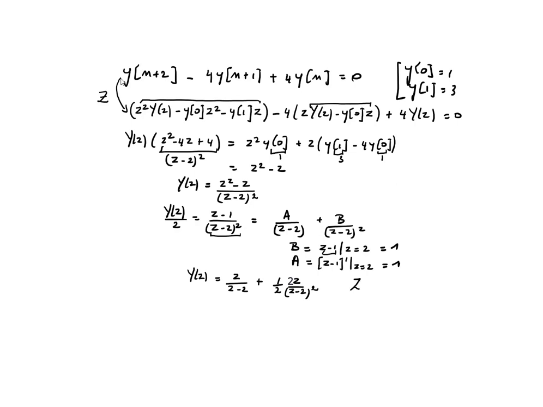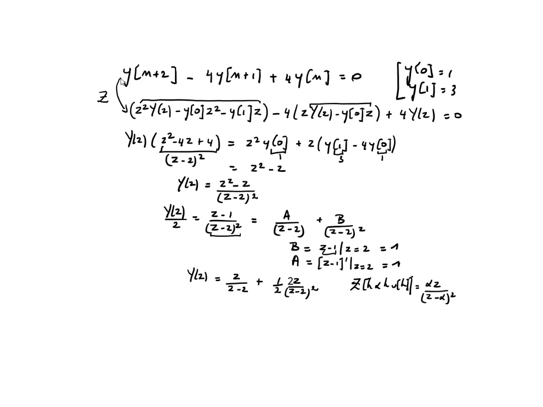Because we remember that the z transform of k alpha to the k u[k] is alpha z over (z minus alpha) squared. I say you remember, but you should be able to find this using the derivative of the z transform of alpha to the k u[k]. This is something we have seen in the theory, right?